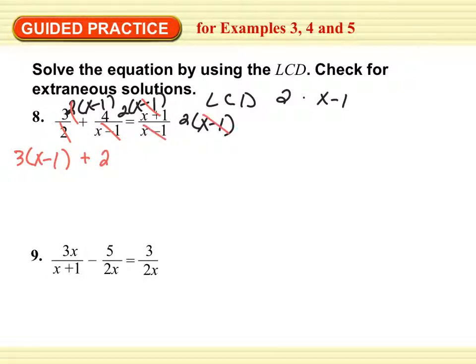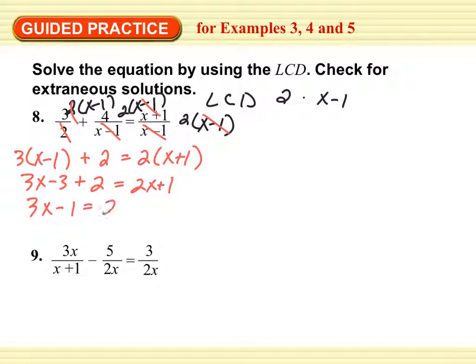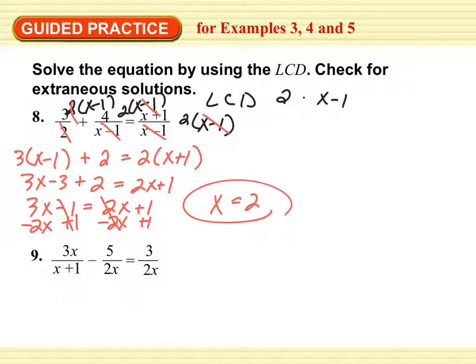And x minus 1's 2x plus 1. Go ahead and distribute. Collect like terms. And solve. Subtract 2x from both sides. I get x equals 2. That was fun.